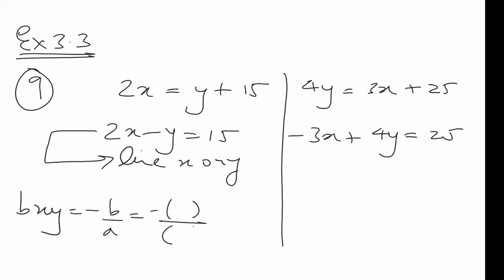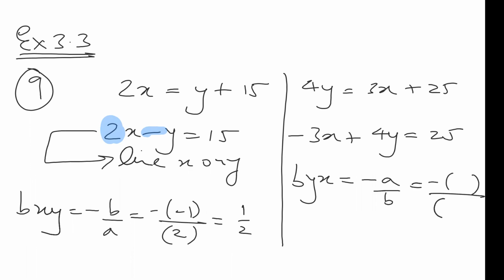So minus bracket upon bracket. b is the coefficient of y, that is minus 1, and a is the coefficient of x, that is 2. So this is 1 upon 2. And byx is equal to minus a by b.